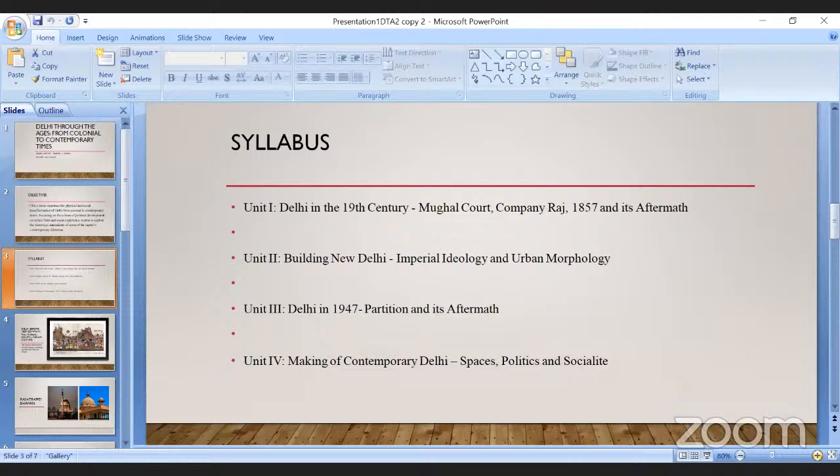Unit 3 is Delhi in 1947, partition and its aftermath. This topic deals basically with India's independence in 1947 and how it was also marred by the partition, the bloodshed, the violence, and also huge dislocation of the population which occurred in India on the whole.